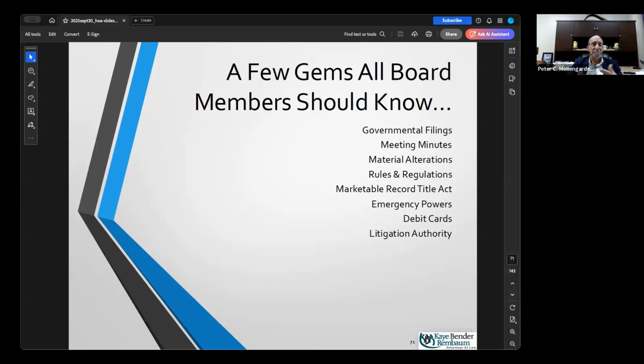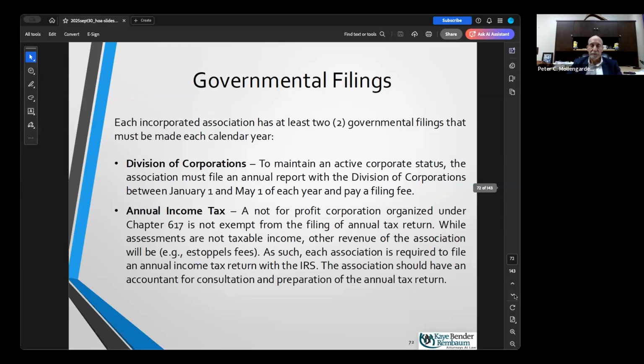Now here are just some practical things to know in operating the association, and some things that are statutory as well. You have two governmental filings, at least two of them, you have to do every year. One is to the Division of Corporations.